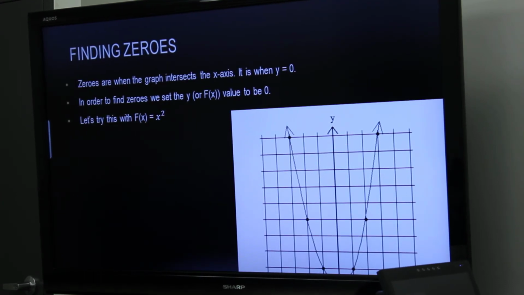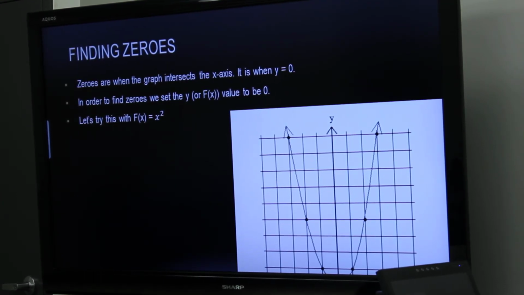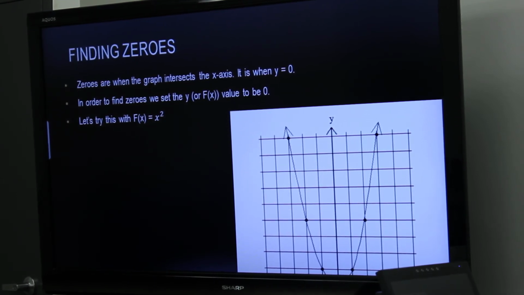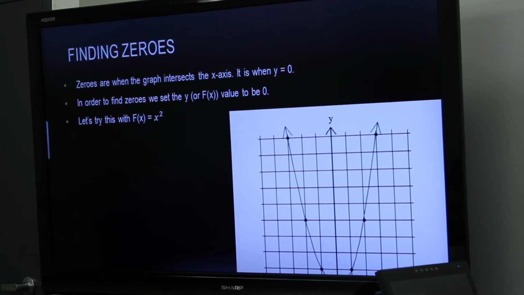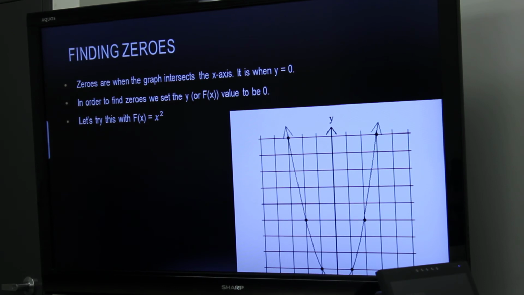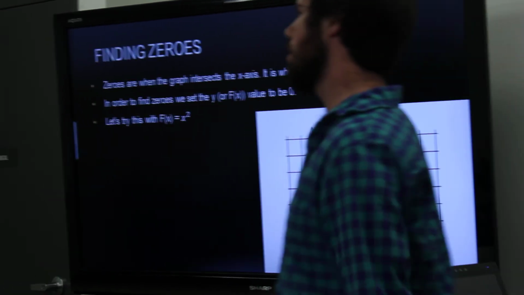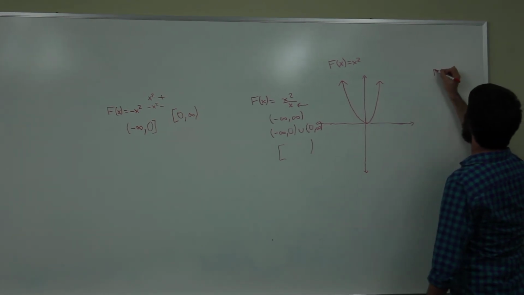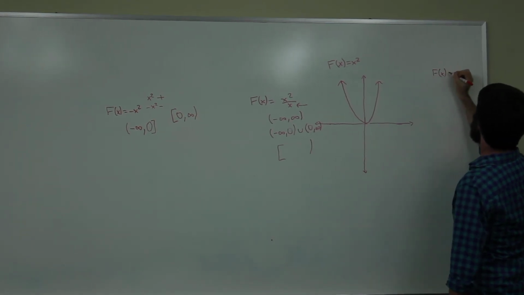Alright, finding zeros. So zeros are when the graph intersects the x-axis. So that would mean that that's when y equals 0. So in order to find zeros, we have to set the y value equal to 0. And so let's try this when f of x equals x squared. So f of x equals x squared.